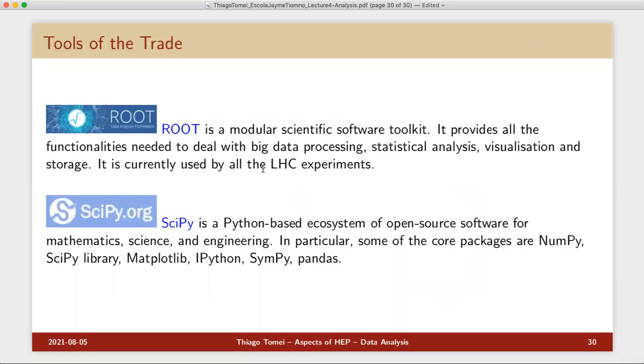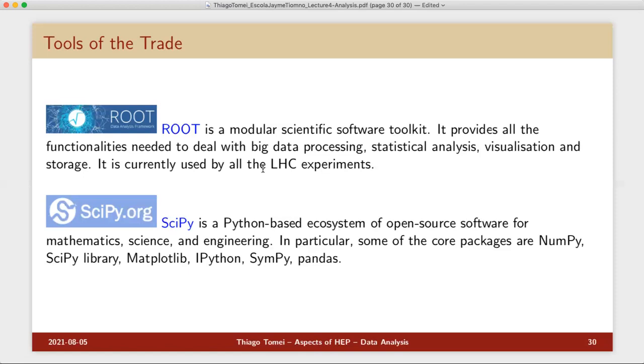Okay, to finish, tools of the trade. How do you actually do all of this? The standard in high energy physics is something called ROOT, which is a modular scientific software toolkit. Essentially, it does everything. You want to do histograms, you can do that. You want to do fits, you can do that. You want to do cuts, it does that.